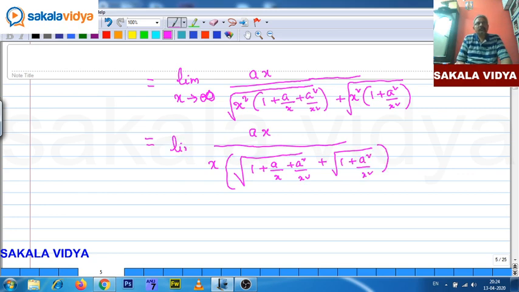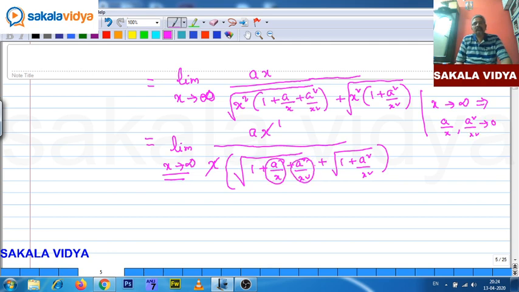So limit x tends to infinity, now x gets cancelled. As x tends to infinity, a by x and a square by x square tend to 0. So this becomes 0, this becomes 0 and this becomes 0. So we have a by root 1 plus root 1, that is a by 2, is the answer.